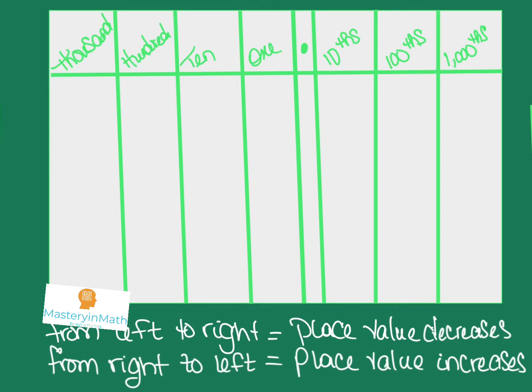If you go from thousandths to hundredths, once you compare them, hundredths is greater than thousandths. And then keep on going to the right, tenths is greater than hundredths.